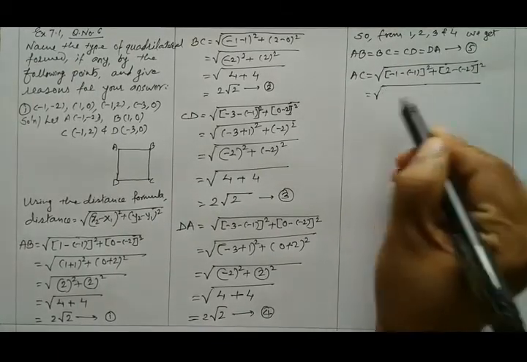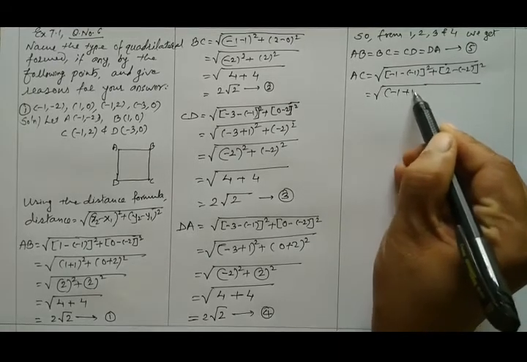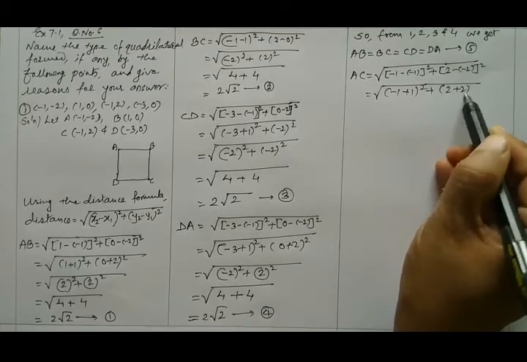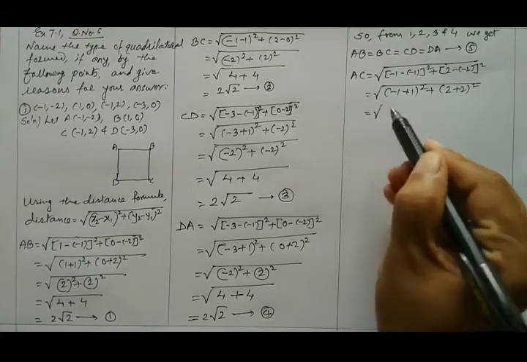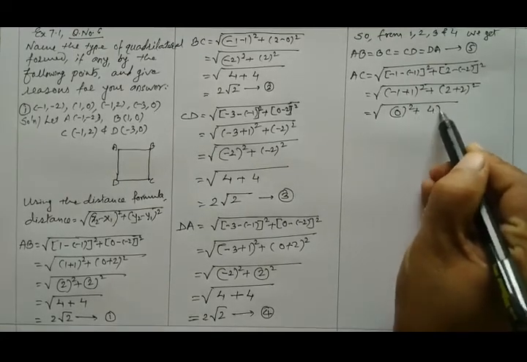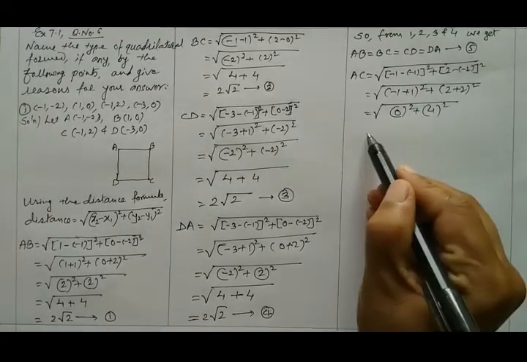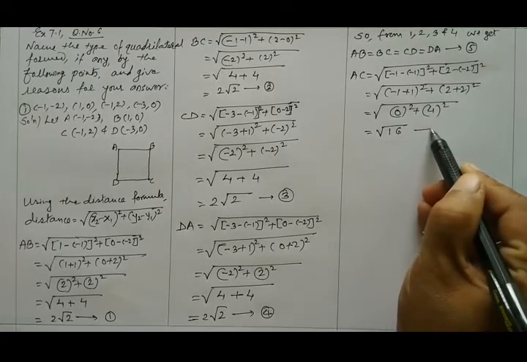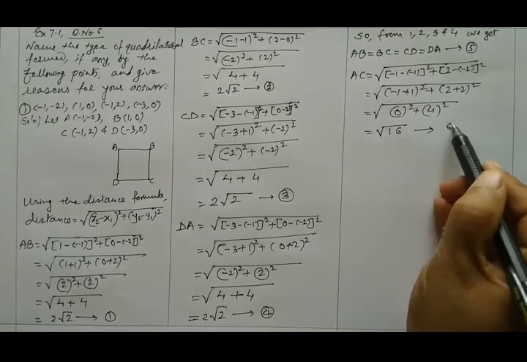So minus plus whole square plus 2 plus 2 whole square. So this is equal to 0 square plus 4 square, and this is nothing but 16. You call this result number 6.